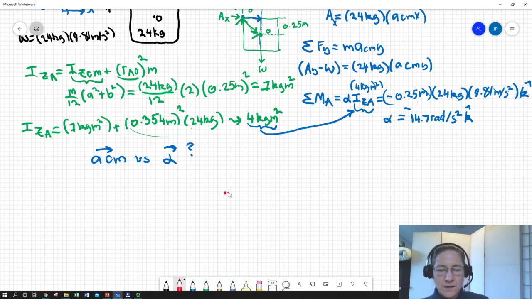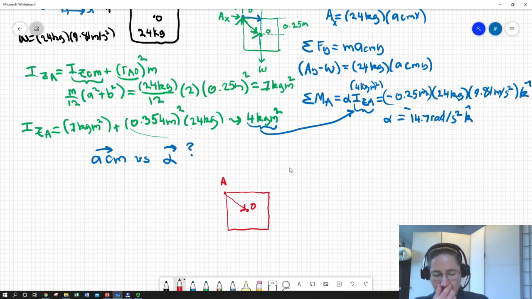So now let's switch gears and think kinematics. And of course I'm going to redraw this just to get an idea. So now we're looking at motion of the center of mass. I'm going to draw myself a little radius here, AO, and I have an alpha.